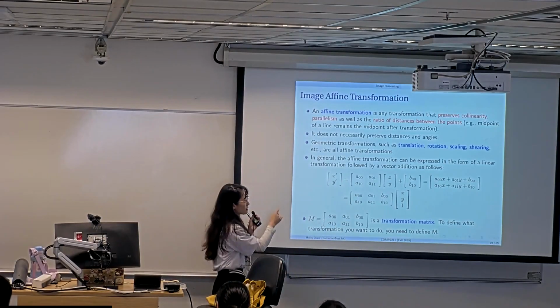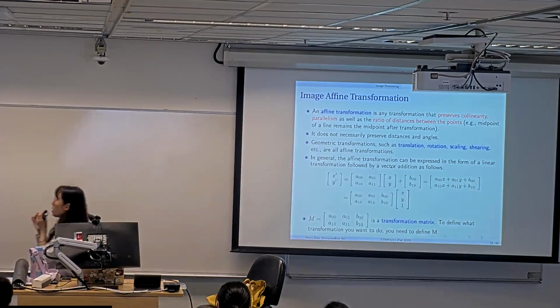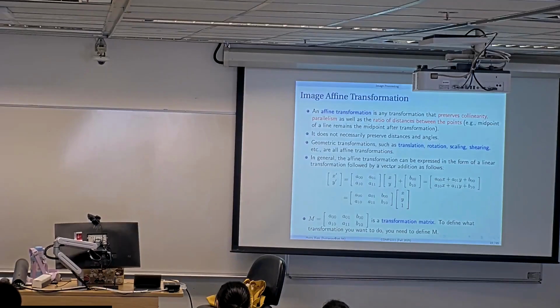We can try to rewrite it a little bit, and after rewriting it, we find that after matrix multiplication and vector addition, the first entry should be A00 x plus A01 y plus B00, and the second entry we can also have some similar result. And then we further rewrite this.